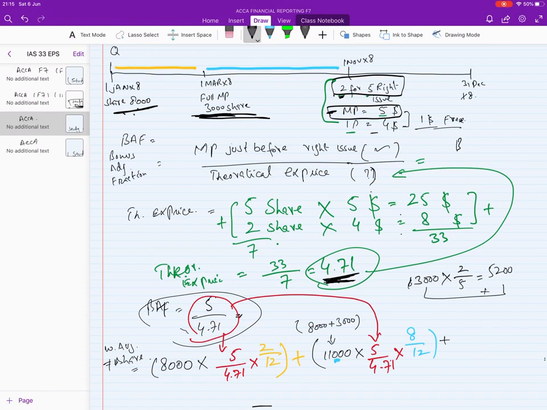It means you will have 18,200 shares. 2 divided by 5 is 40%, so 1.4 multiplied by 13,000 is 18,200.